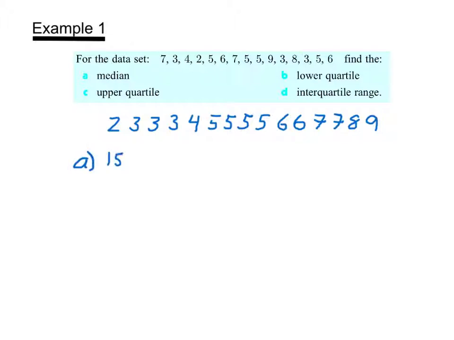So we take 15, we add 1, divide by 2, and so I know that the median is going to be the 8th data point. So I count over 8 positions from the left-hand side of the data. 1, 2, 3, 4, 5, 6, 7, 8. And I know that the median is 5.